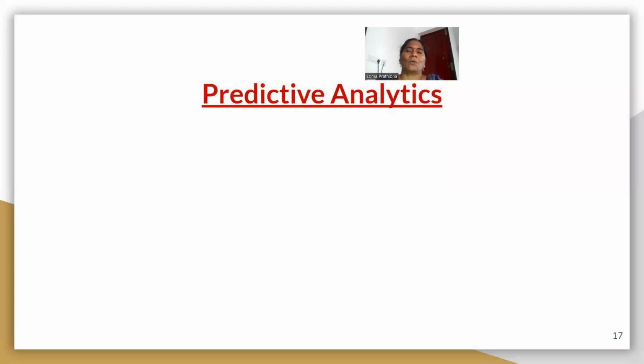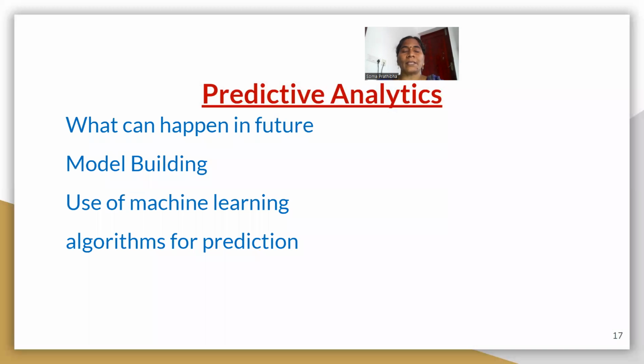Now we have what is called predictive analytics. As the name indicates, here we build a model in such a way that you also identify predictions for the future. In business, this is very important.